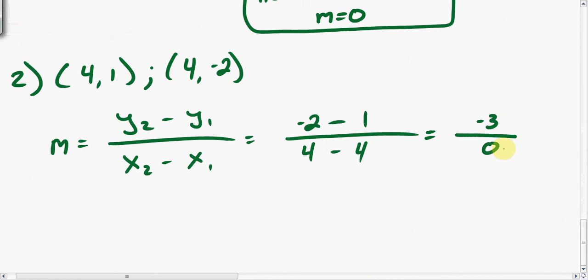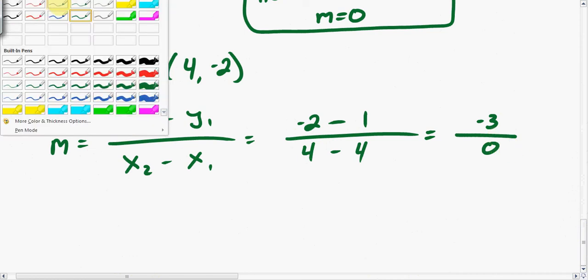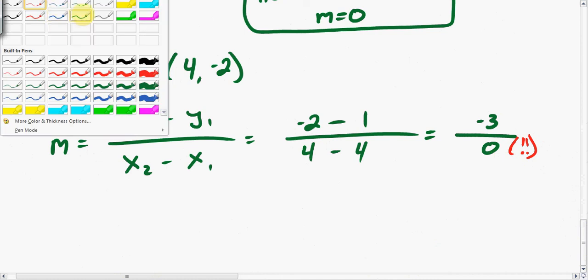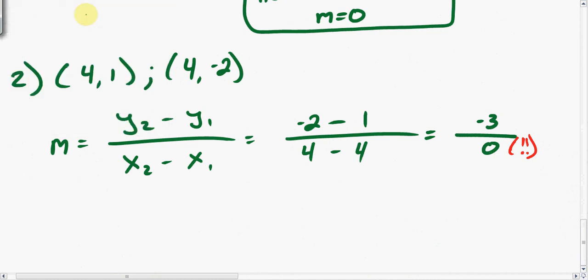We can see we've got a 0 in the denominator, which should always make you question yourself and say, hey, wait a second, you can't have a 0 in the denominator. Big exclamation point, this isn't mathematically possible. If you try to use your calculator and do 3 divided by 0, it's going to tell you undefined.